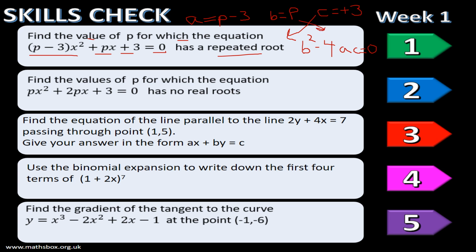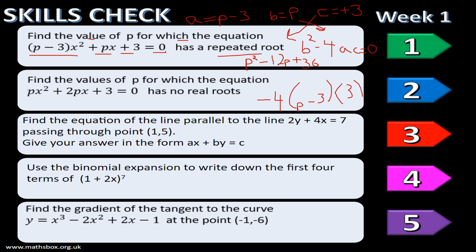I'm going to have p squared, subtract 4 lots of all this. So 4 times 3 is 12, times it by this. I'm going to have minus 12p plus 36. So it's 4 lots of p minus 3 times 3. If you're not sure, I'll do it here. You've got minus 4 lots of p minus 3, and then times that also by 3.